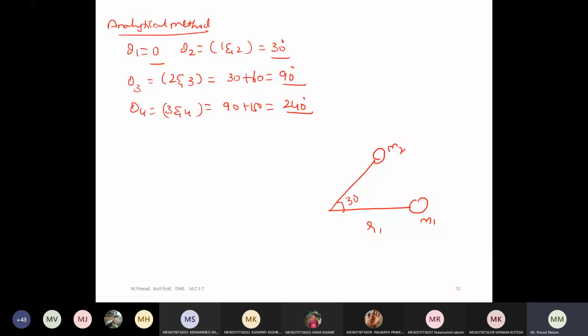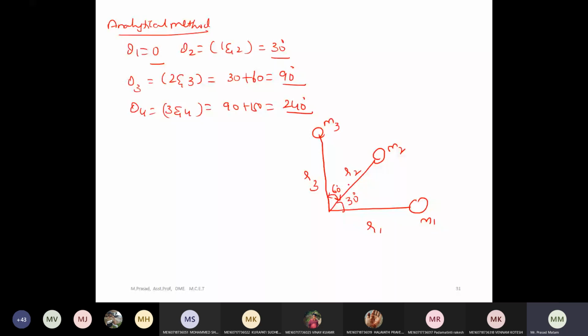Where is the third mass? Exactly 90 degrees. This is your third mass M3 at radius R3. Between 1 and 2 is 30, between 2 and 3 this angle is 60 degrees. But the total angle with respect to mass 1 is 90 degrees.